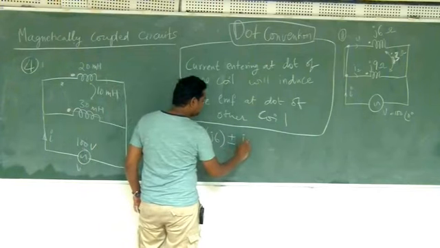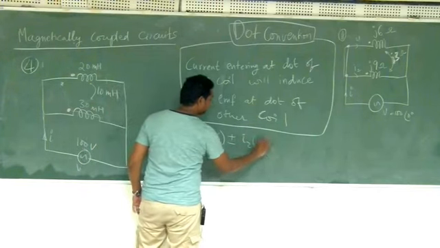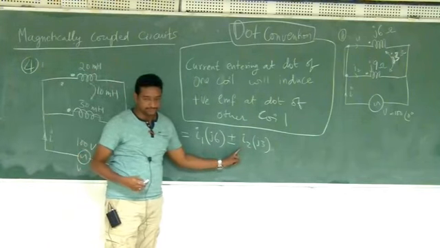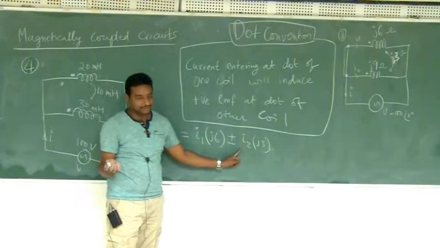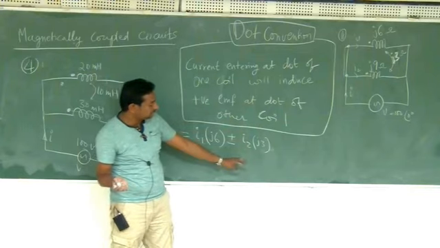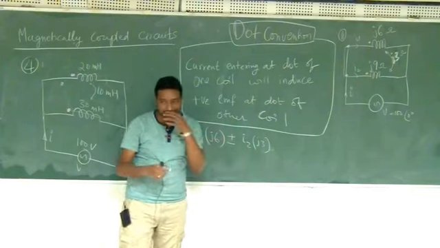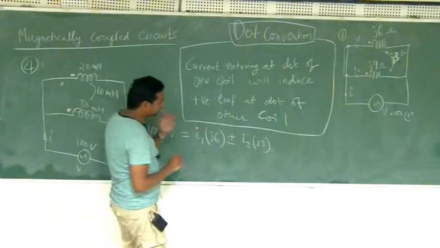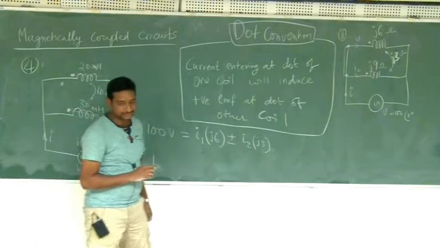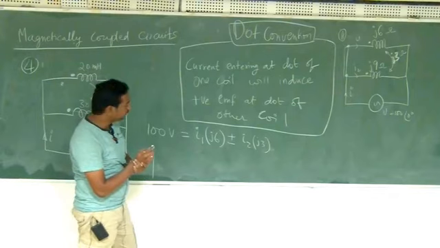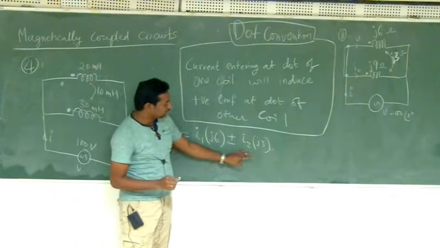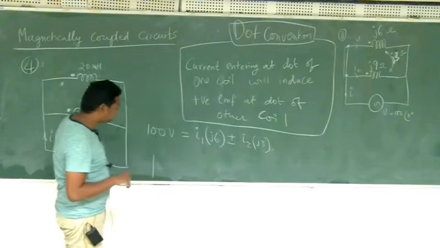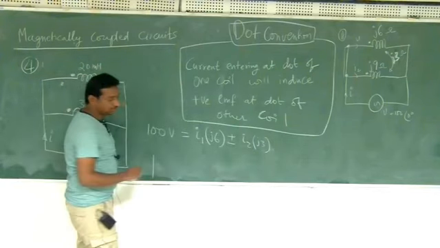It will be I2 multiplied by J3, because this is the voltage drop because of I2 flowing in the second coil, but not the entire 9 ohms. I should take only 3 ohms because that is the mutual impedance. The second I2 current flowing in the other coil is inducing the voltage here. That should be equal to 100 volts.